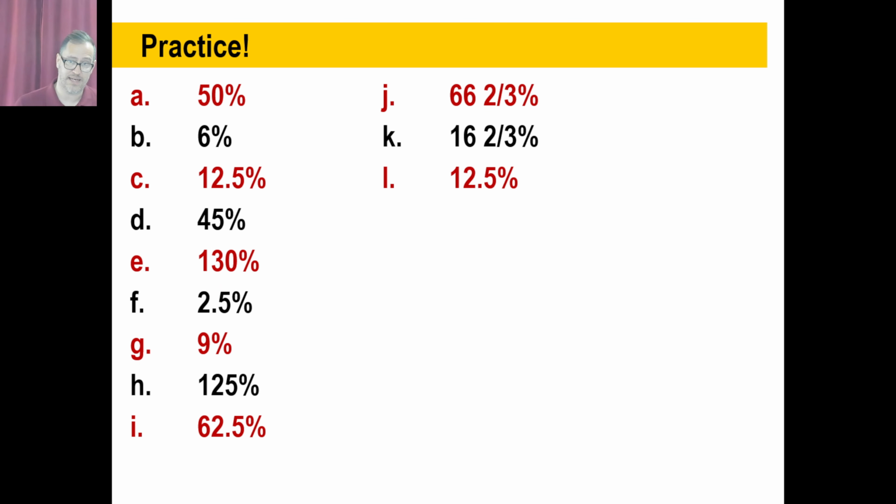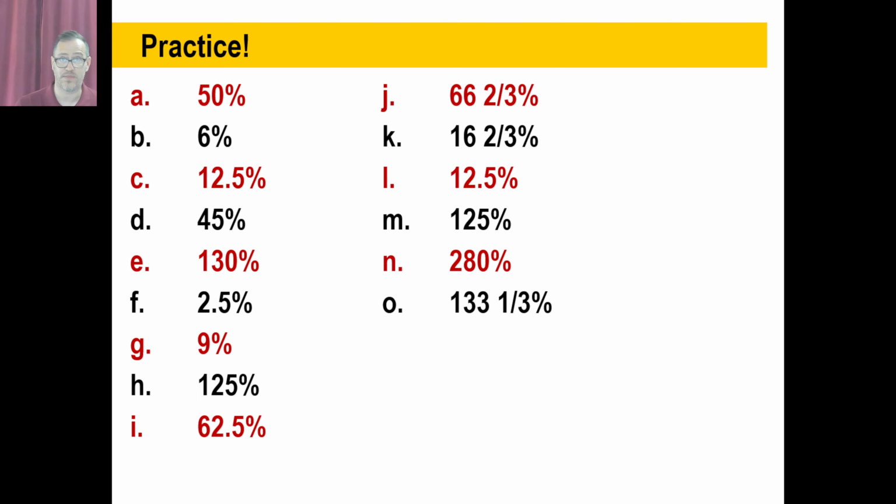You should have changed that to 5/4. 5 times 100 is 500. Divided by 4 is 125%. N, 2 4/5 is the same thing as 14/5. 14 times 100 divided by 5 is 280%. O, 1 1/3 is 4/3. That's 400 divided by 3, which is 133 and 1/3%.